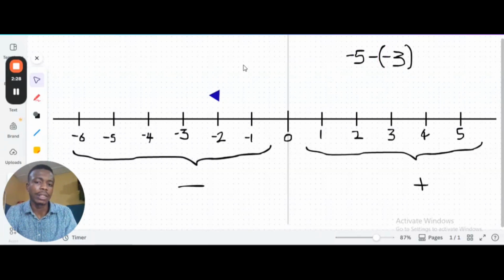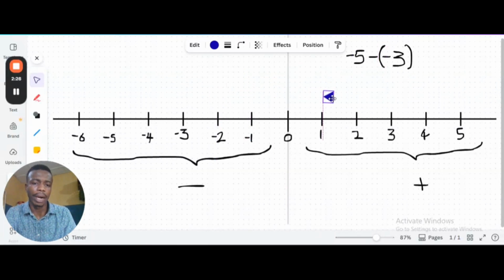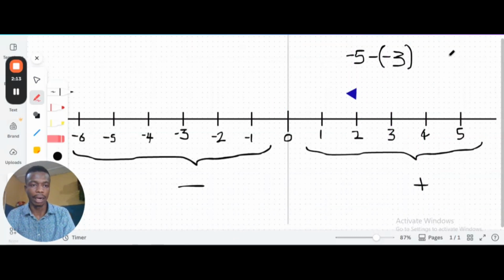Now you may have noticed that when you turn back and go back, you're going front. For example, you turn back, right? And now you're going back. You're actually going front. And if you wonder why, this would explain why two negatives make a positive.